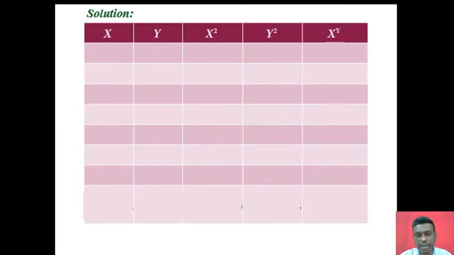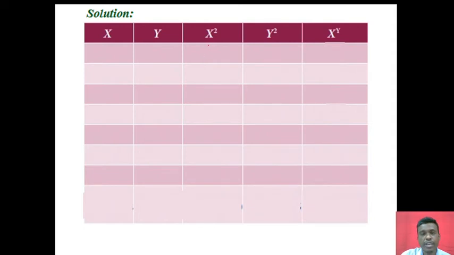So let us begin. Our problem begins with the table. Because they have asked us both the regression equations, we are finding out x, y is given, x square, y square and x into y. Now sometimes they may ask you only one regression equation, that is x on y.